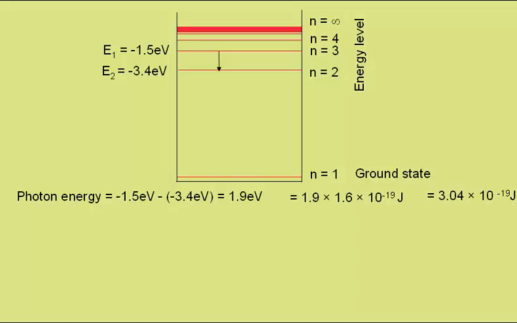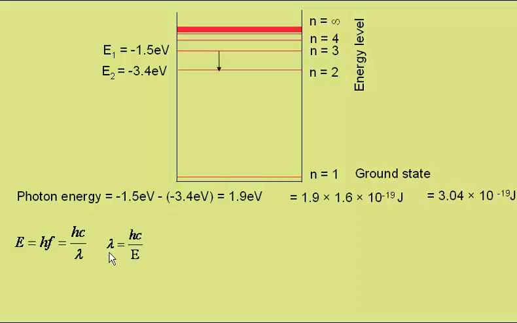We also know that photon energy E is given by hf, where h is Planck's constant, f is the frequency. Or as wave speed equals frequency times wavelength, we can write this as E equals hc over lambda, where h is Planck's constant, c the speed of light in a vacuum, and now lambda the wavelength.